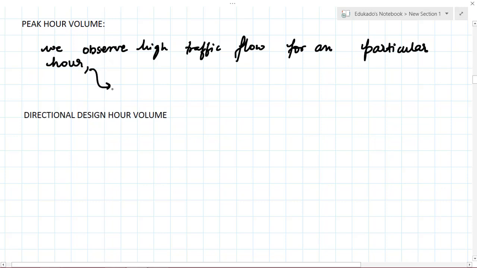The hour in which the traffic flow is very high, or you can say the highest, that hour is known as the peak hour, and the amount of volume that you get in that hour is the peak hour volume.